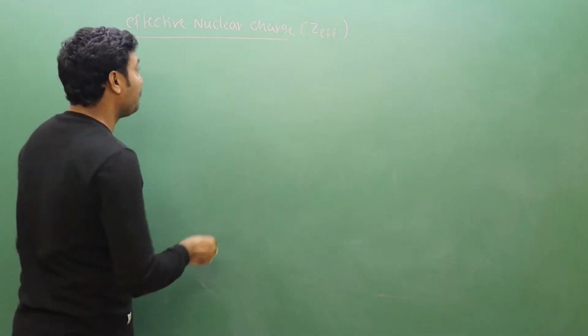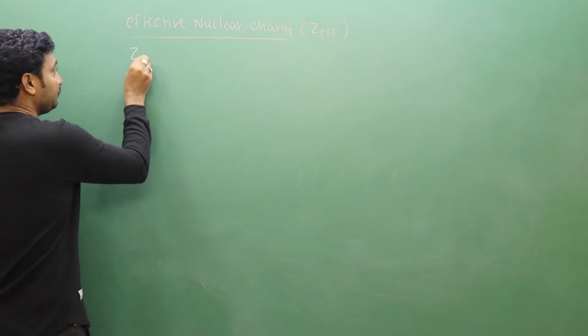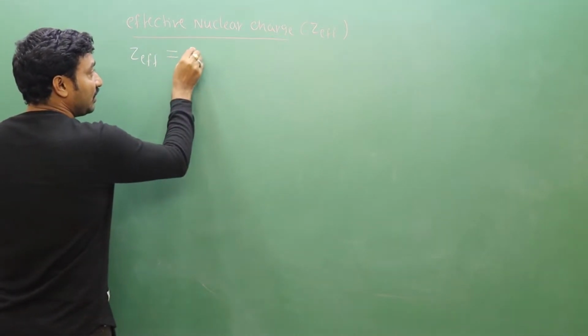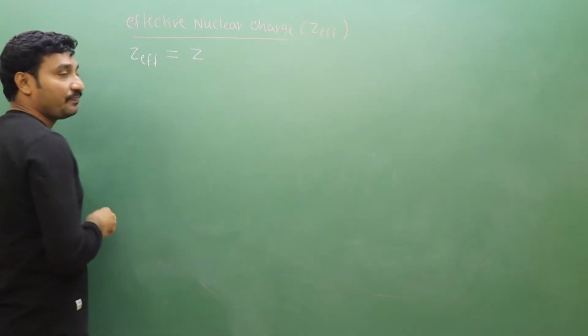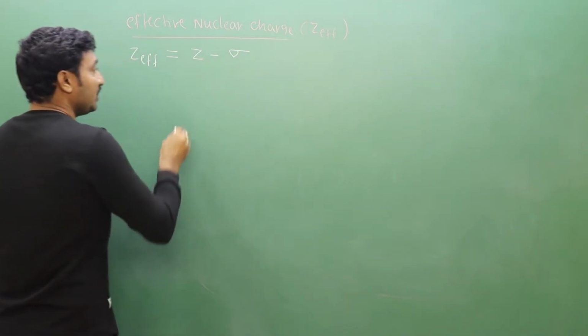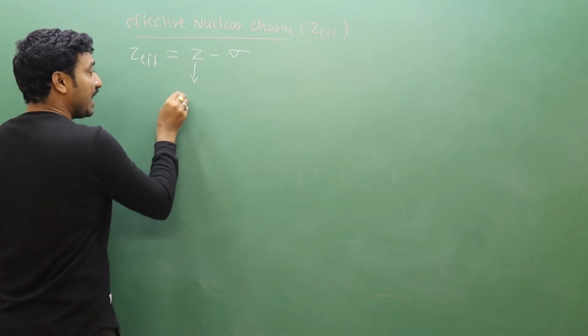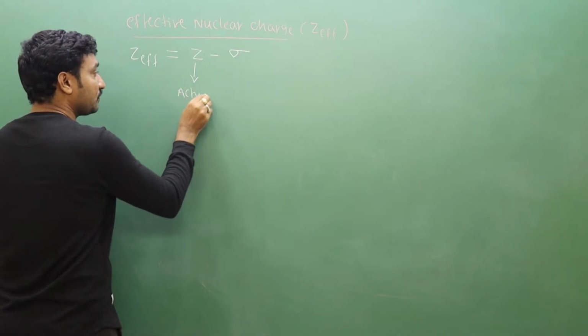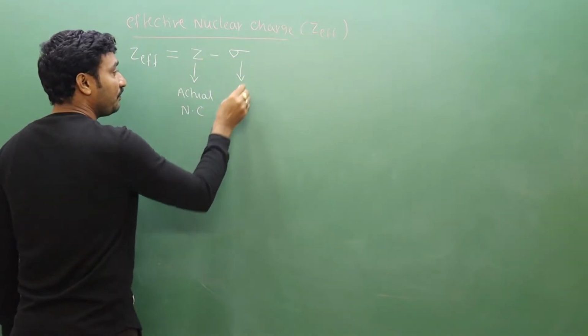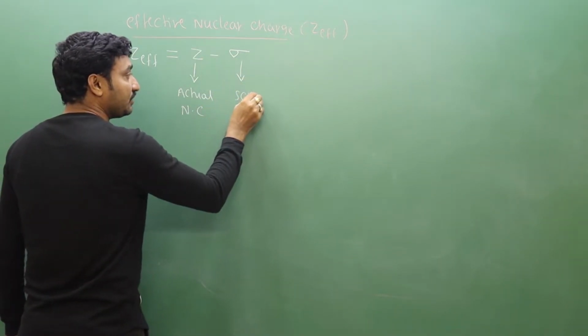Z effective is equal to actual nuclear charge Z minus sigma. Here, what is Z? Actual nuclear charge. What is sigma? Screening constant.